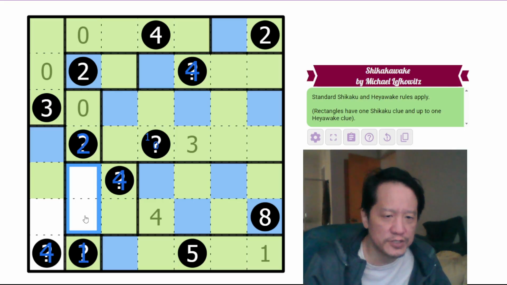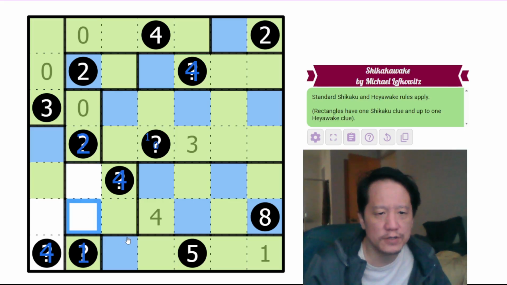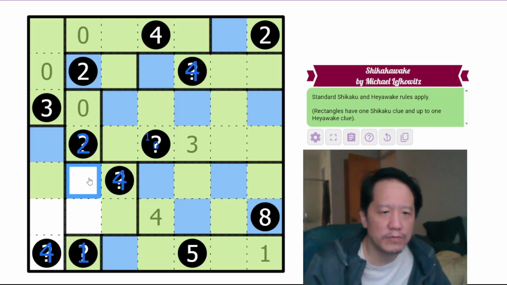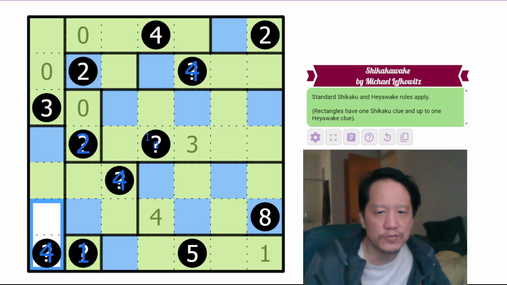Obviously one of these two needs to be shaded. If this is shaded, this is green, but then you'd have 3 rooms worth of green because you can't have this be shaded. That would block this off. So this cannot be shaded. This is green. Therefore, we have 2 rooms worth here. This cannot be another green because that would be 3 rooms worth. So this is blue, which forces both of these to be green. So this is the shading here.